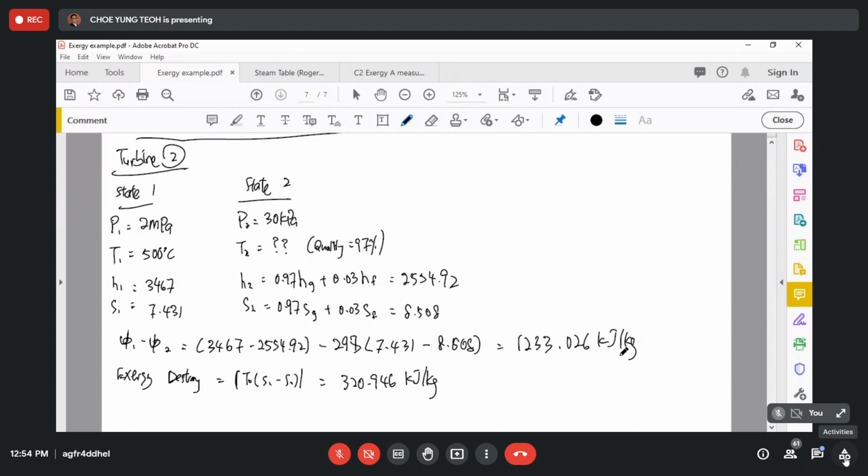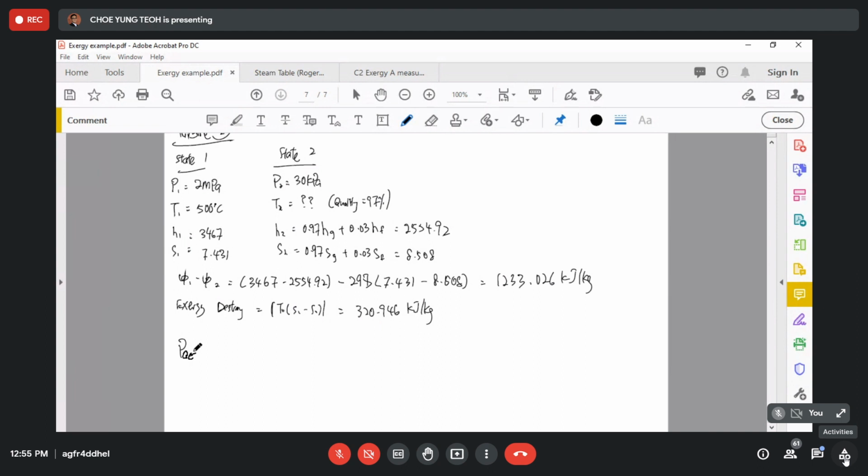To get the reversible power, what is left is actually the mass flow rate, and we know the power output is 5 megawatt. From this 5 megawatt, the actual should be equal to P reversible minus the exergy destroyed. But this is the total. So total P reversible will be reversible for state 1 plus reversible for state 2.